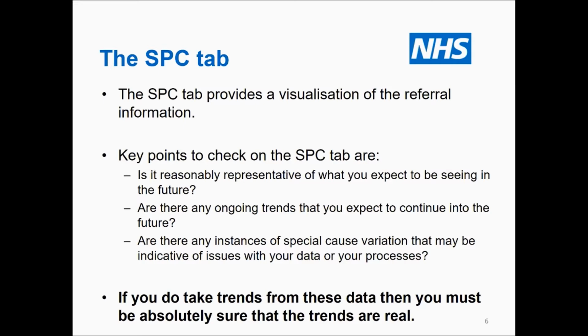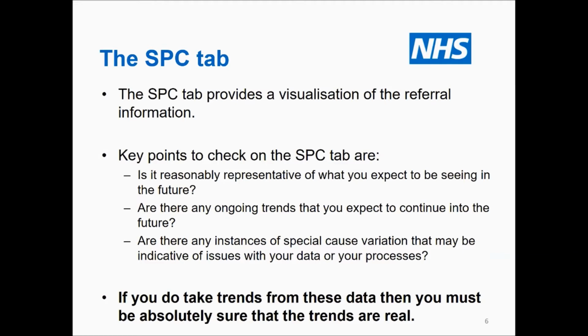Are there any ongoing trends that you expect to continue in the future? Are there any instances of special cause variation that may be indicative of issues with your data or your processes? These may bias the information you have entered. Check any highlighted points and ensure that you can account for them.